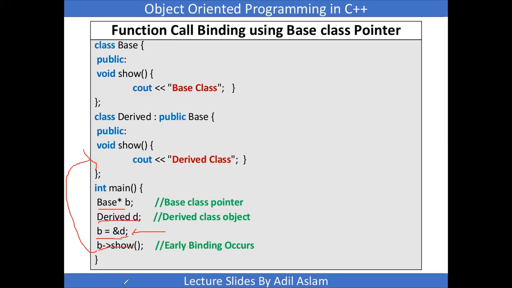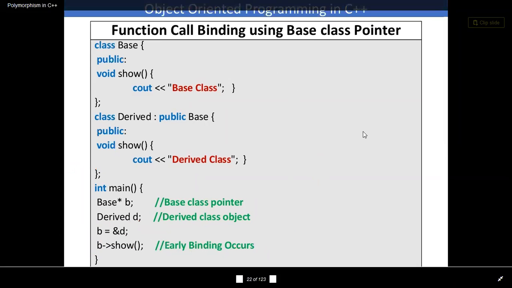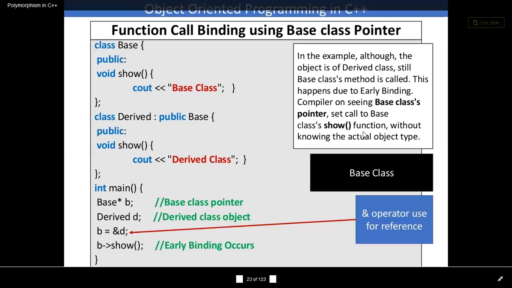But the problem is, when you run this program, because of early binding, the compiler decides, okay, b.show, so I will call the base class. So in the output it only calls the base class instead of the derived class. It's supposed to print derived class.